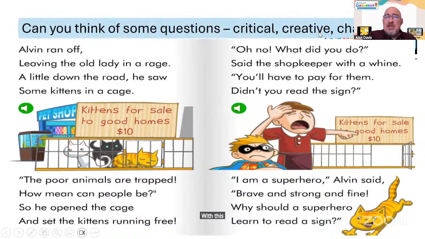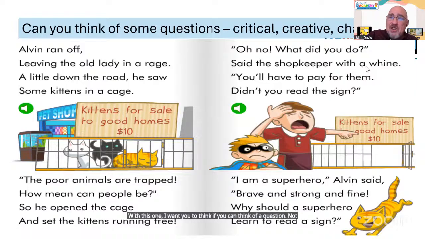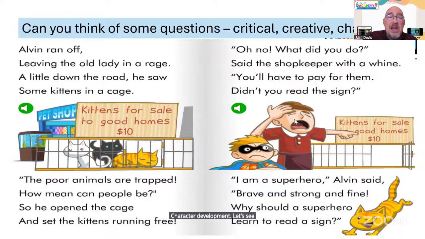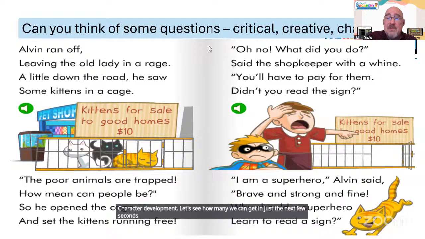With this one, I want you to think if you can think of a question, not a comprehension question, but a critical thinking or a creative or a question about character development. Let's see how many we can get in just the next few seconds.